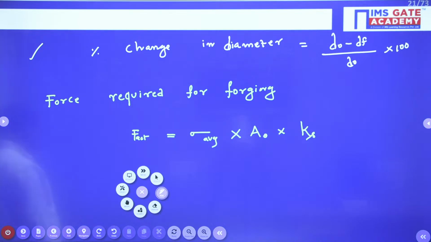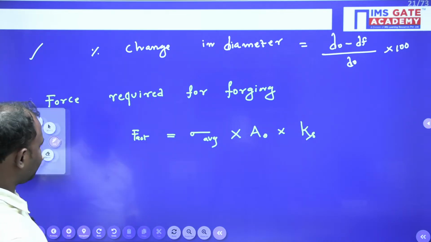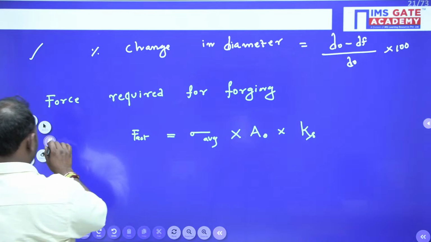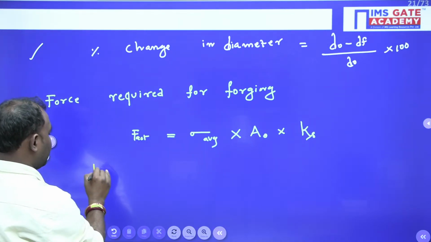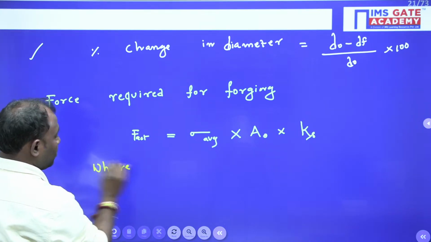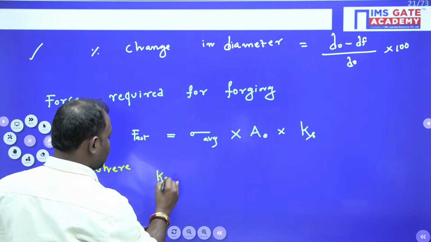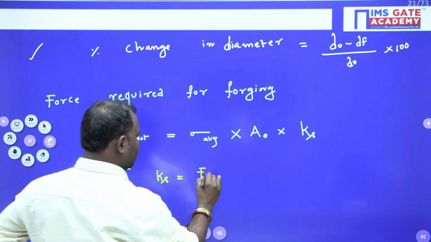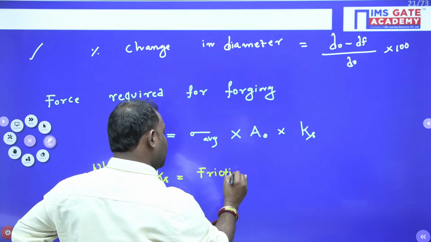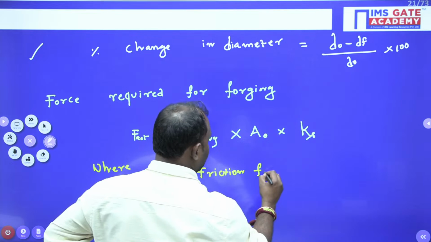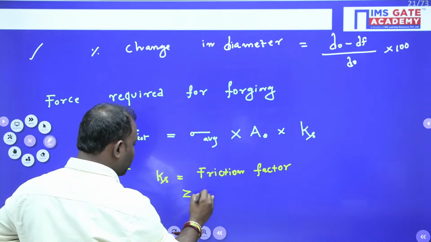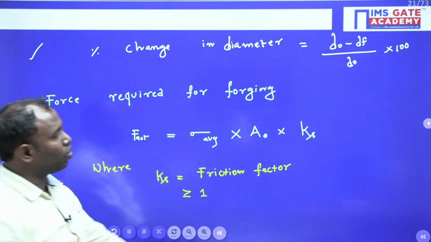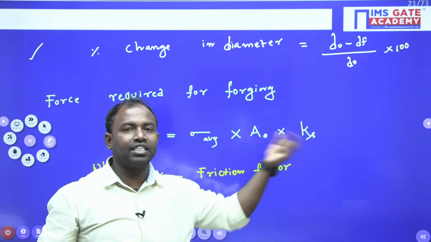Right. Now let me write all these formulas. Where Ks is a friction factor. It is always greater than or equal to 1. If friction is not given, then you can take Ks equal to 1.